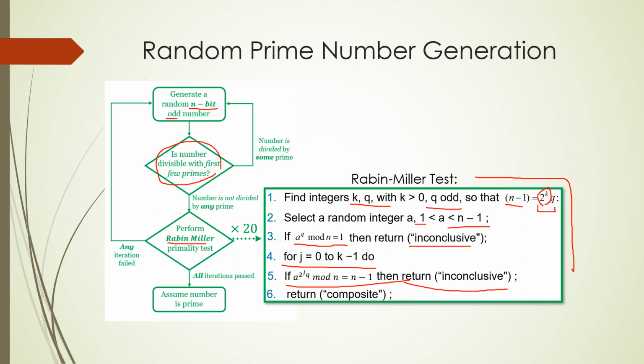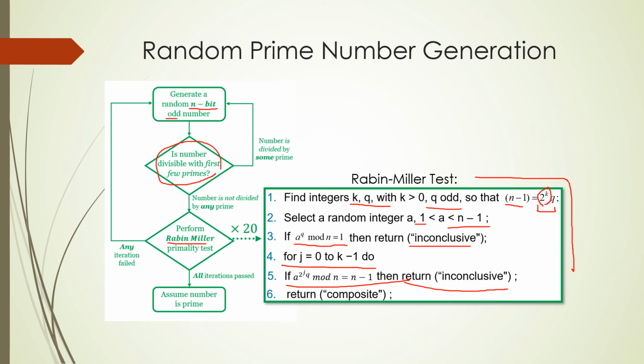If the result is n minus 1, then that means the test is passed, so you return inconclusive. If you never pass the test in step 5, then you go to step 6 and you return composite, which means the test has been failed, and you need to pick another number.